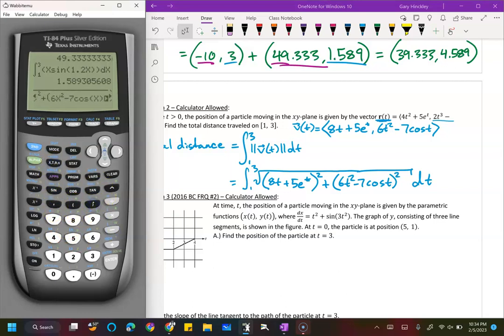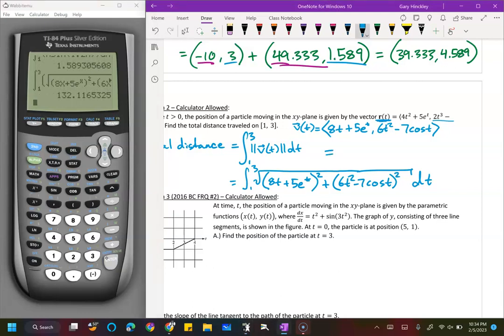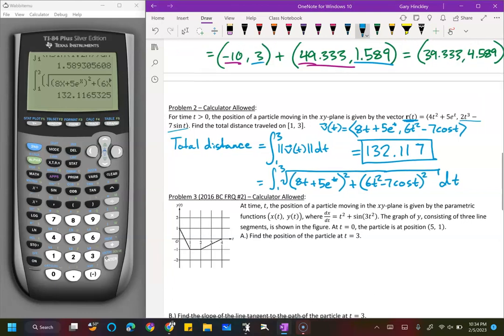Close out the cosine, close out that, and square that, and then we should be good to integrate. So there we go. That is our total distance, or arc length, for that position or particle.